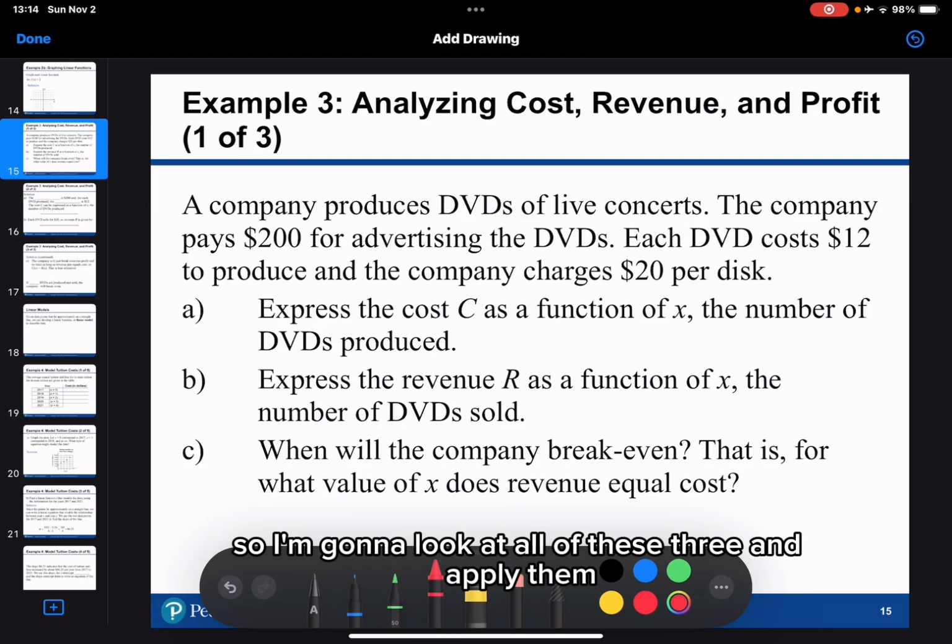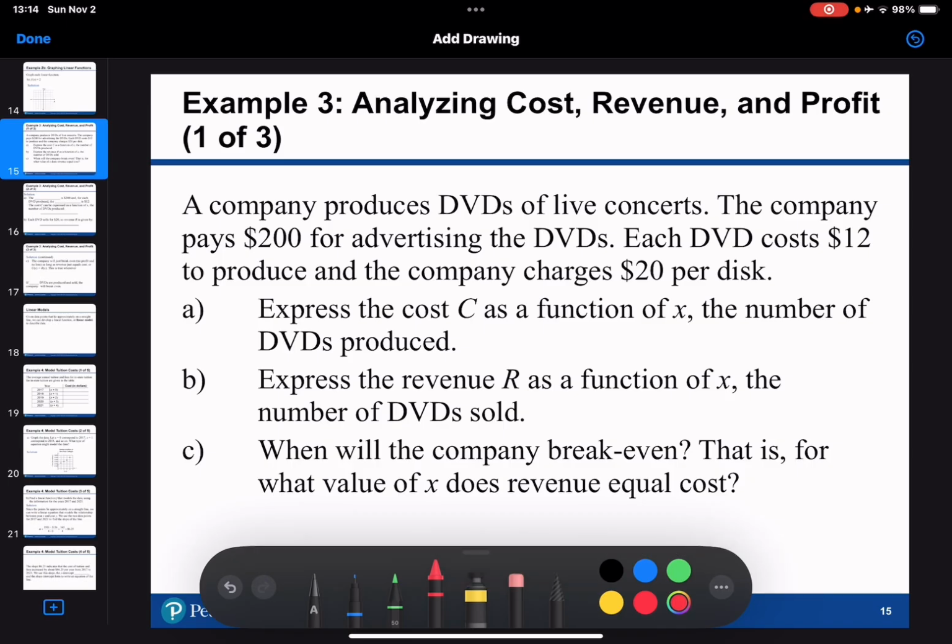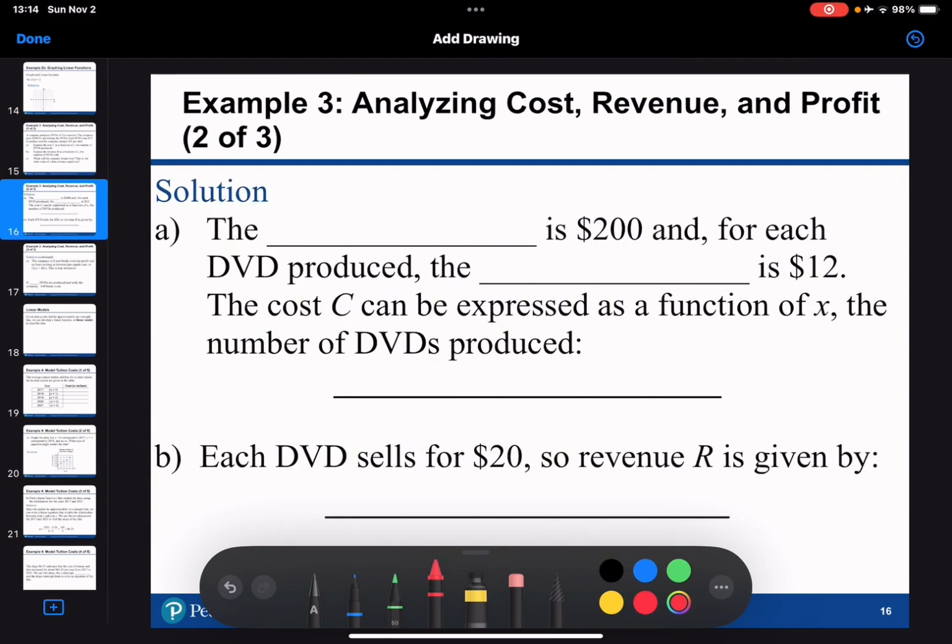So we're going to look at all of these three and apply them to this real world situation. So for example 3, it says the blank is $200. For each DVD component, the blank is $12.